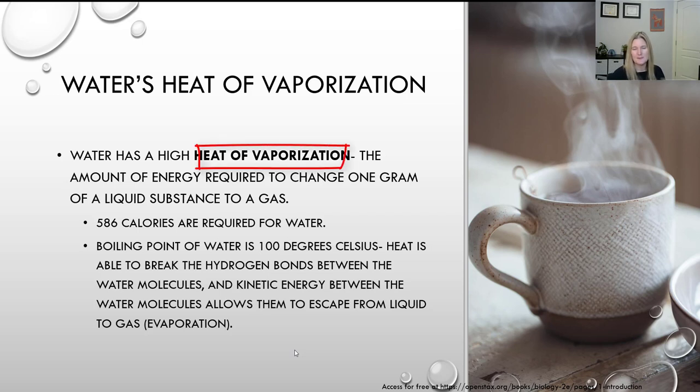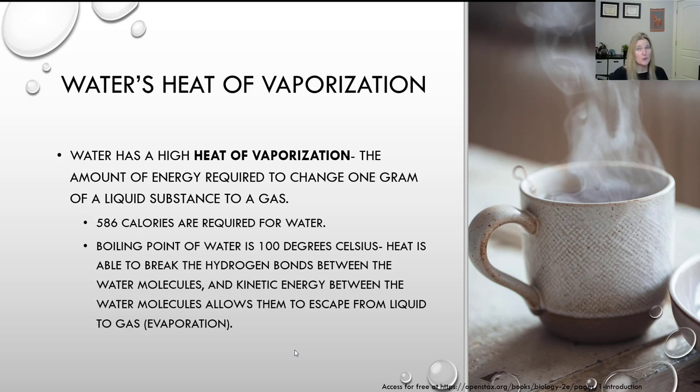That means the amount of energy required to change 1 gram of liquid water to 1 gram of gas is going to be a lot. In this case, it takes about 586 calories for water to transform from a liquid to a gas state.